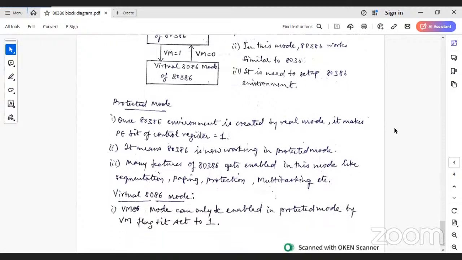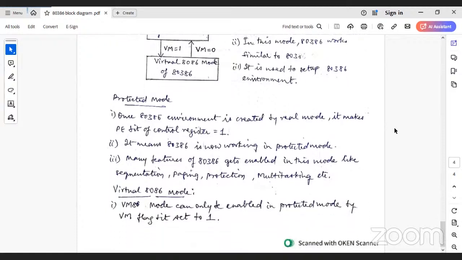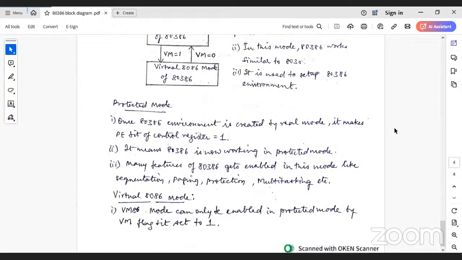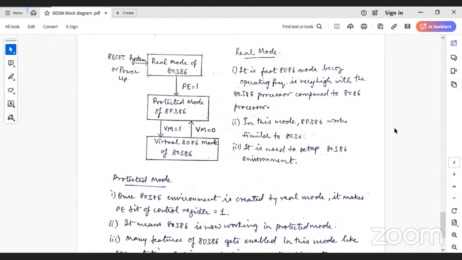Now, what is your virtual mode? That is the next thing. VM86 mode can be enabled in the protection mode by setting the VM flag bit to 1. So here a VM flag bit is also there, and it is in your flag register, one of the bits there.